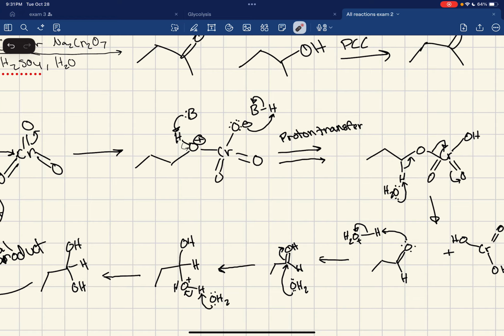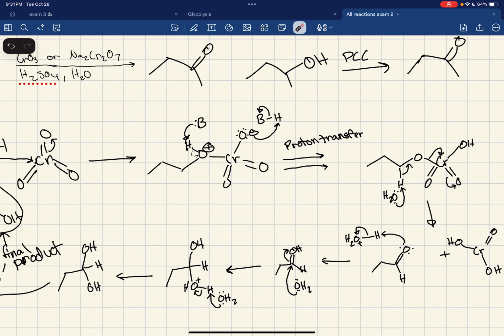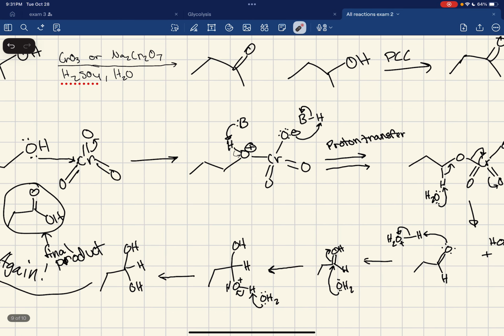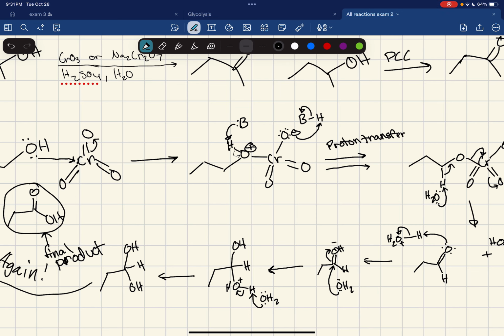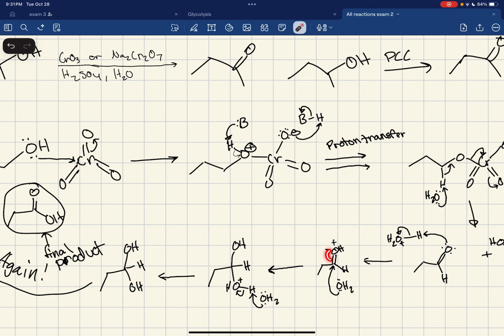All right, and then if you're going to go all the way to the carboxylic acid, it's all going to happen again. Well, actually, to start off, you're going to protonate this. As I said, if it's a carbonyl oxygen, it's always going to protonate in a strong acid. And then OH2 is going to come in. There is a positive charge on this, and knock that electron pair up.